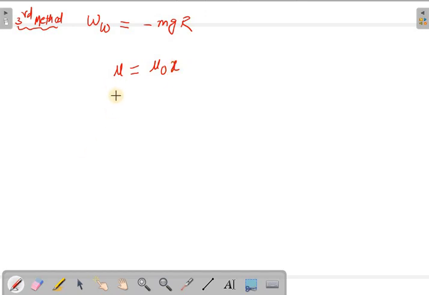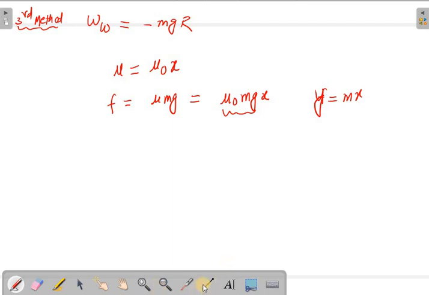Okay, hence force of friction will be equal to mu mg, that can be written as mu naught mg x, which is a linear equation. F equal to, this is a linear equation like y equal to mx. Here mu naught mg is the slope or gradient of this line passing through the origin.